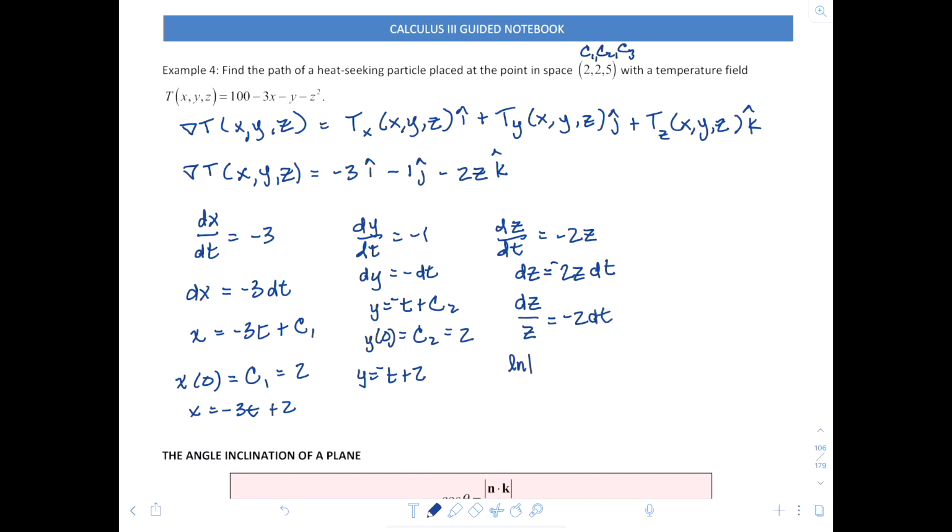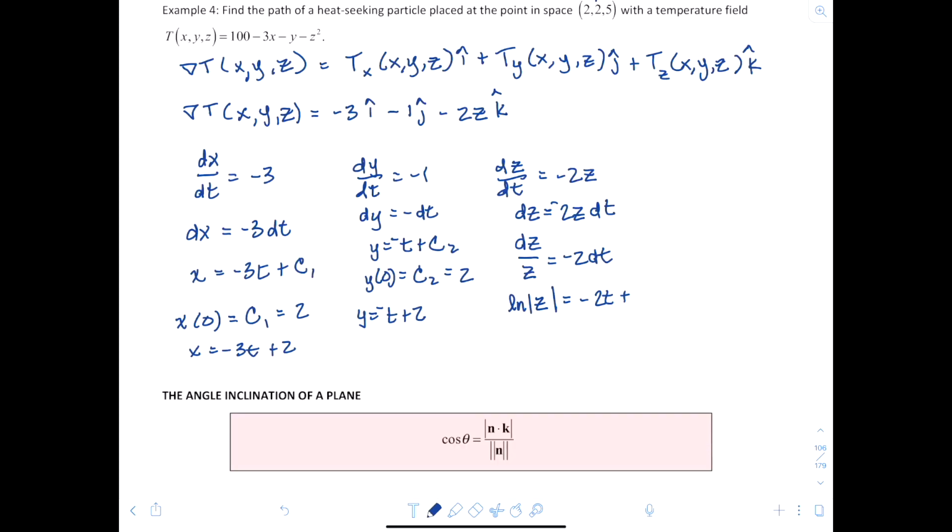So natural log absolute z, when we integrate, would equal -2t plus, we're going to work with this one a little, so we're just going to call this one constant c for the moment.